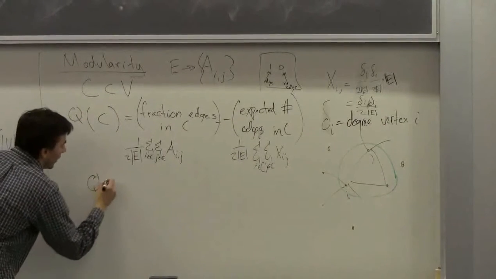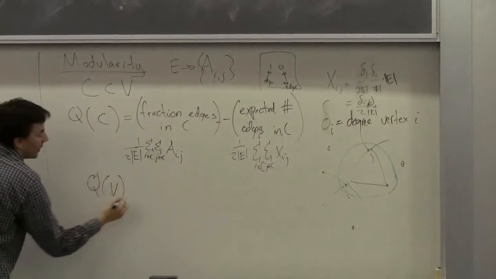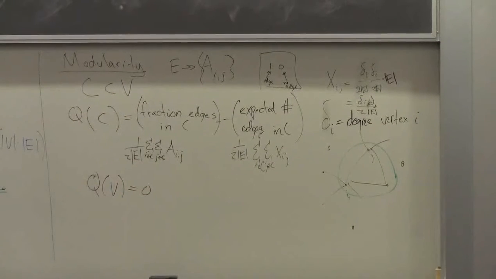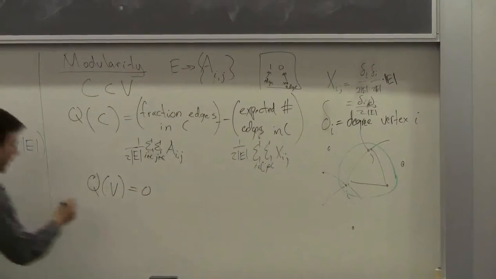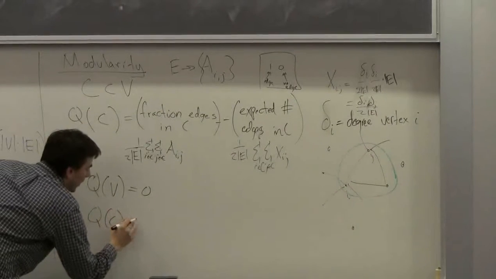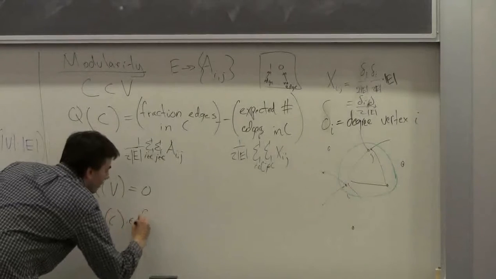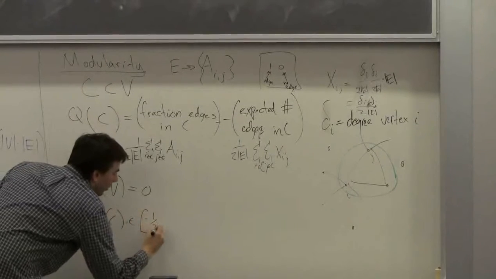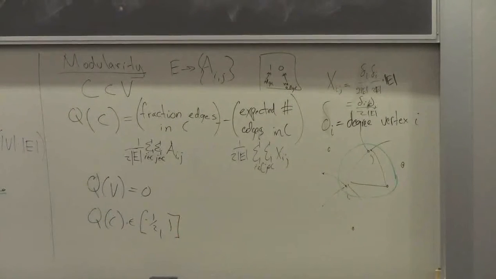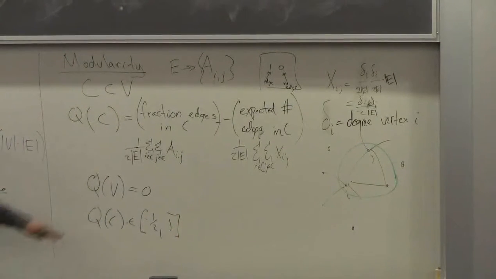So the modularity of V, the entire vertex set, should equal 0. That's the property. It's also defined so that for any arbitrary subset C, this value is in the range of -1/2 to 1. So it's somewhere between -1/2 and 1.